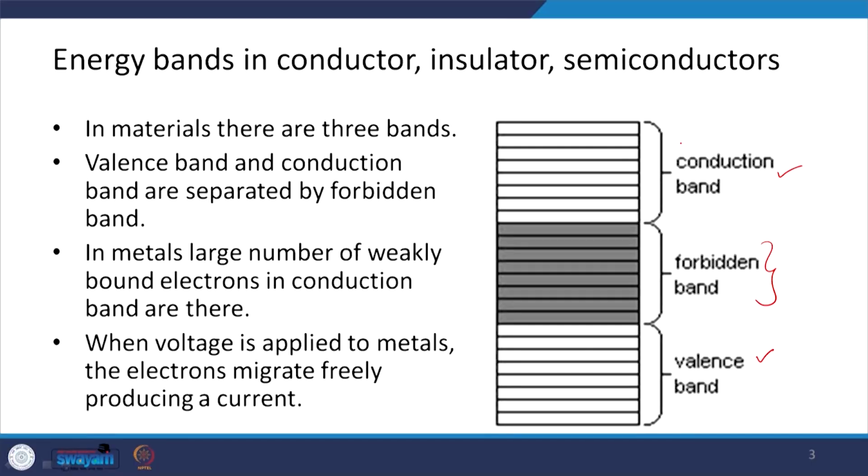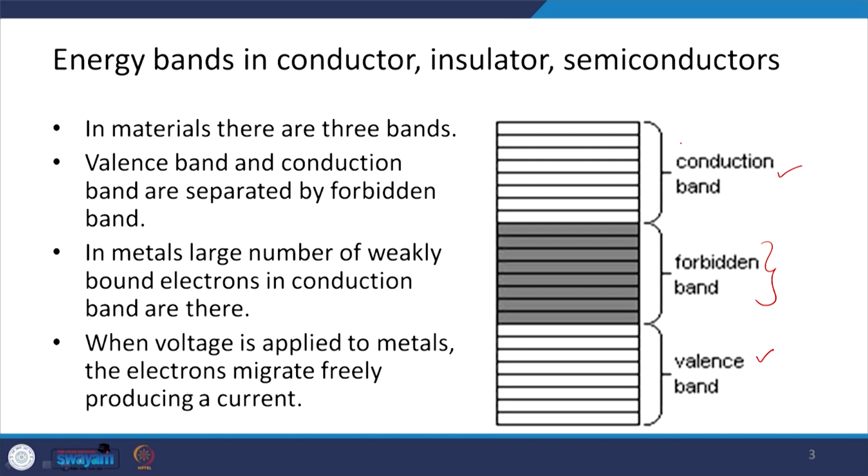If we are talking about metals, in metals there is a very large number of weakly bound electrons in the conduction band. And when a voltage is applied to metals, these weakly bound electrons migrate freely and produce the current.